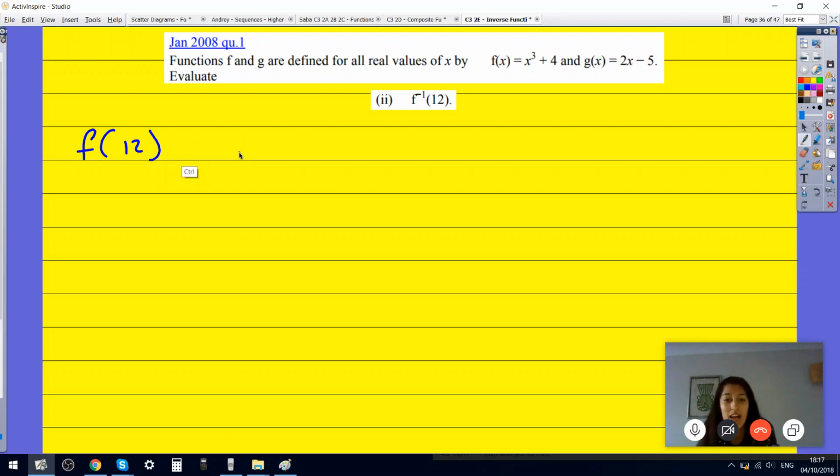So, f inverse of 12 would be... Is it 12 equals x cubed plus 4? That would be if f of x is equal to 12. How do you find the inverse function? We'll do y equals x cubed plus 4 and then find out from there. Okay, so y equals x cubed plus 4, then x equals y cubed plus 4.